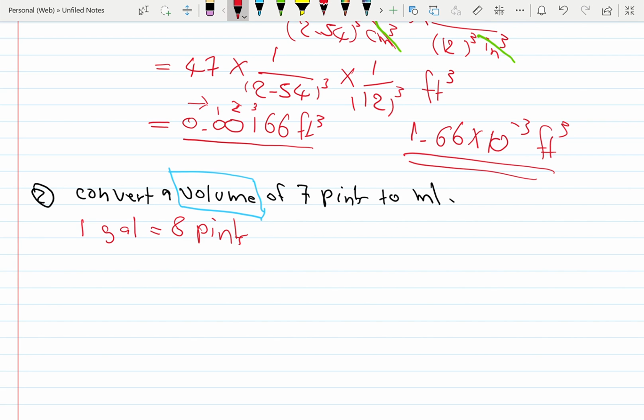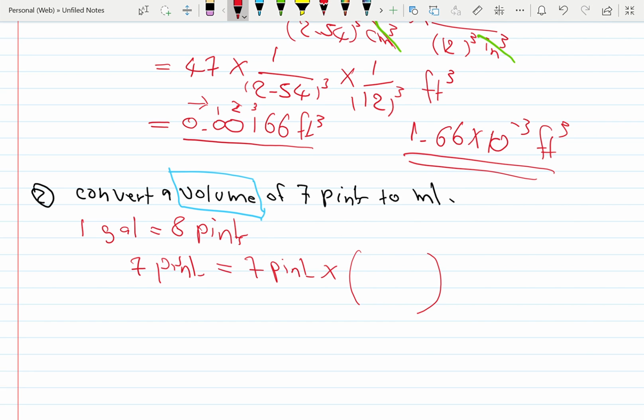So from there we can start converting. So we say 7 pints equal 7 pints times. So again we can move directly.